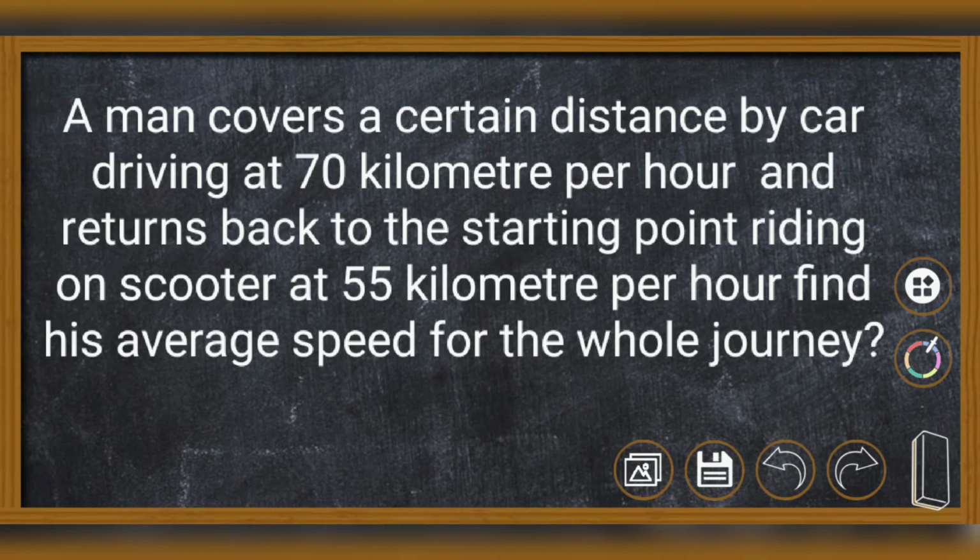A man covers a certain distance by car driving at 70 km per hour and returns back to the starting point riding on a scooter at 55 km per hour. Find his average speed for the whole journey. Okay, this is the question. So we have been given two speeds, so we have to find the average speed.